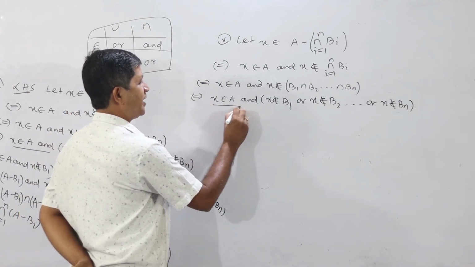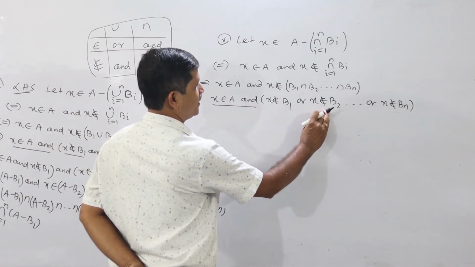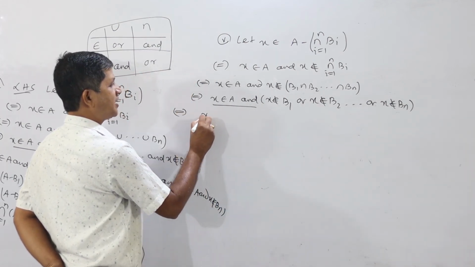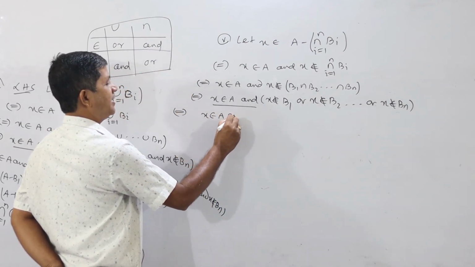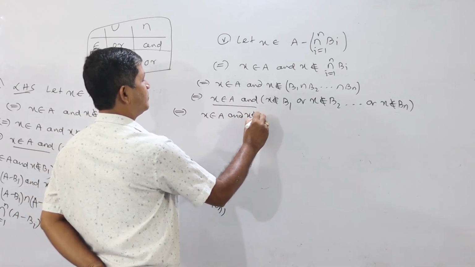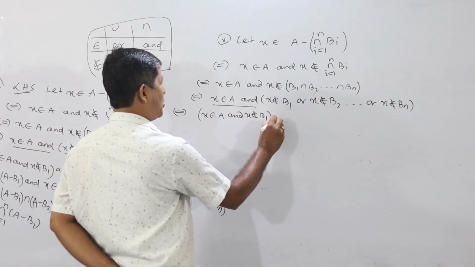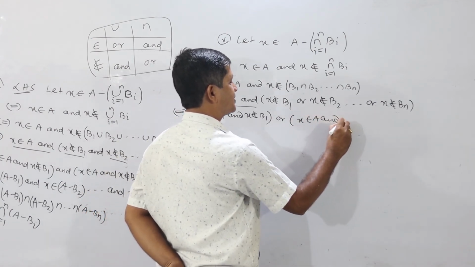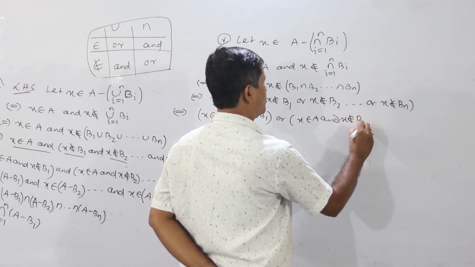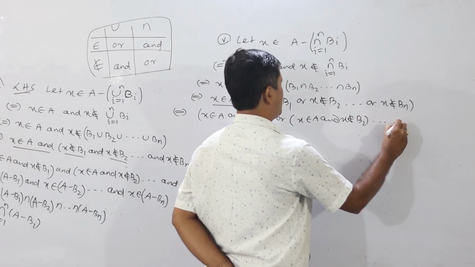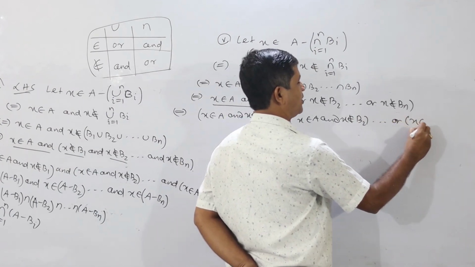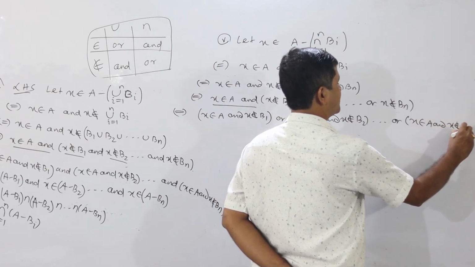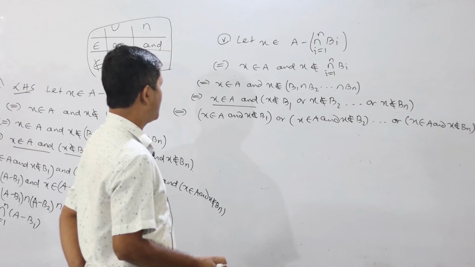So x belongs to A and it will be with B1, with B2, and this 'or' will be outside of the bracket. So x belongs to A and x does not belong to B1, or x belongs to A and x does not belong to B2 ... or x belongs to A and x does not belong to Bn, right?